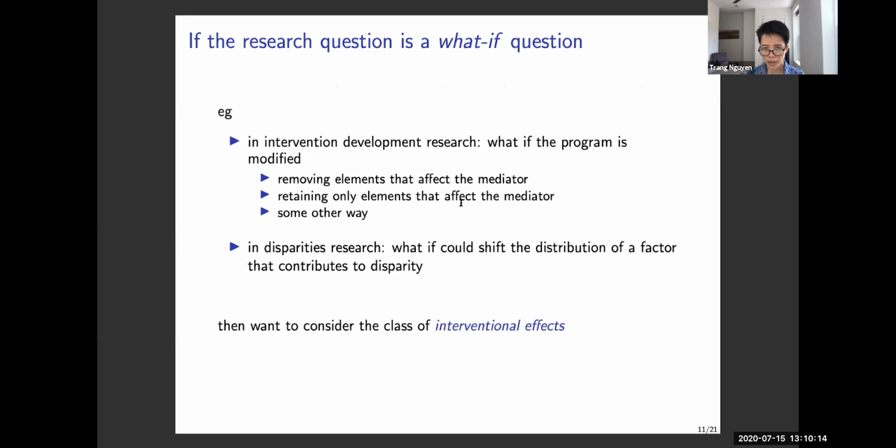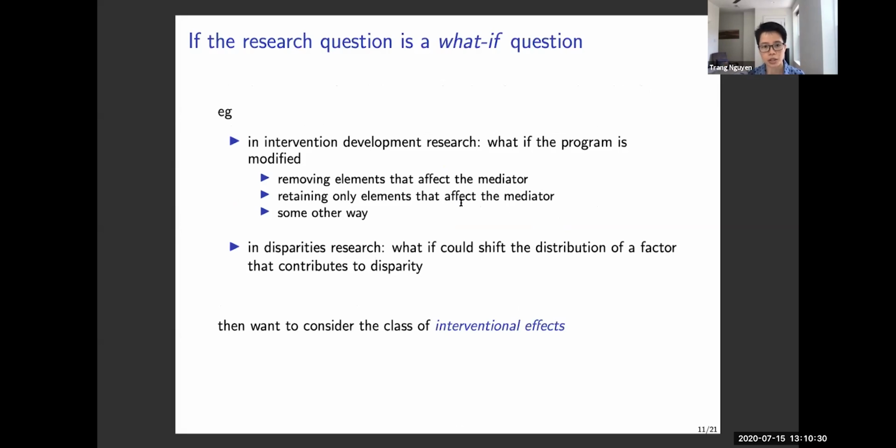If the research question is not about decomposing the total effect, but it is a what if question. So for example, in intervention development, we may conduct a trial to test an intervention program.